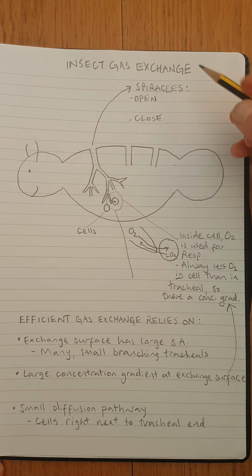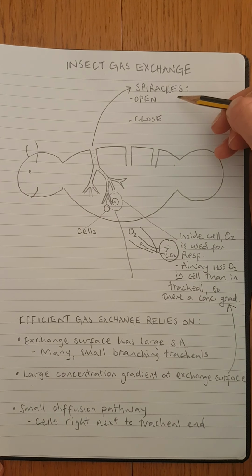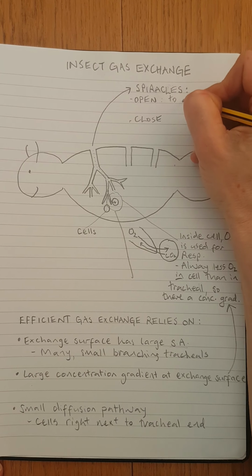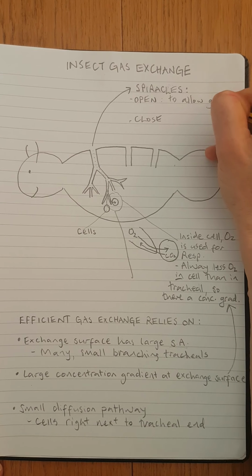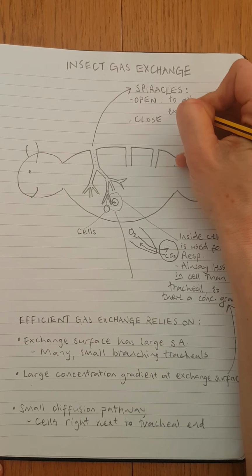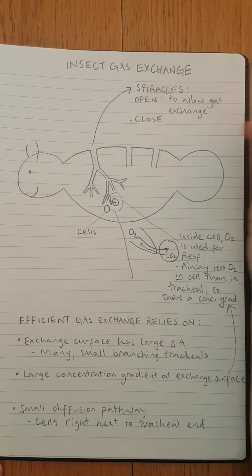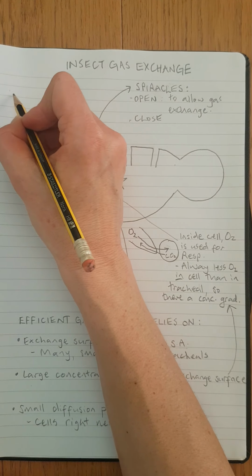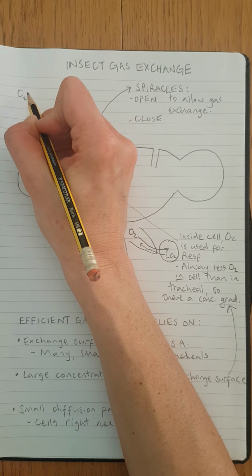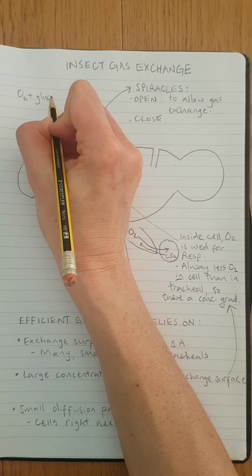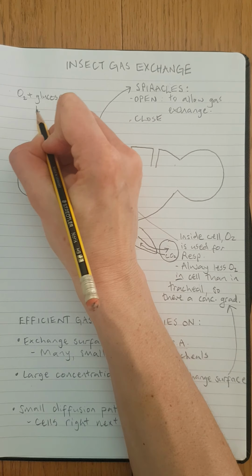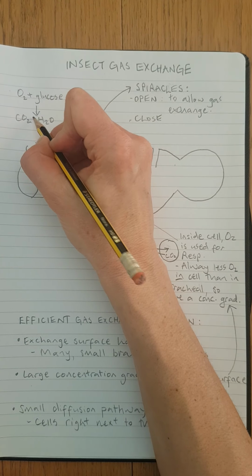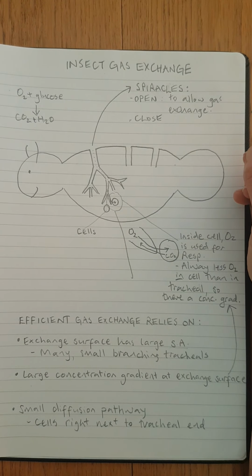Okay, so I said I was going to say something about the spiracles. The spiracles open to allow gas exchange, and they close because, of course, one of the things that's given off during respiration, let's just have a look at respiration, remind ourselves, it's oxygen and glucose, and that gives off some carbon dioxide and some water. And what can happen is that the water turns into water vapour.